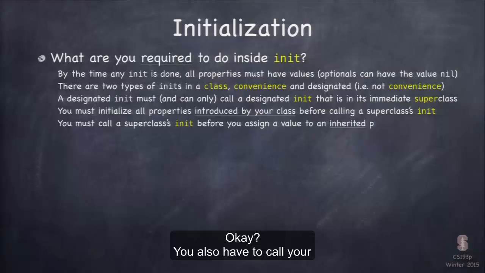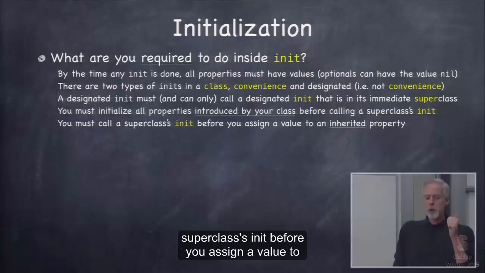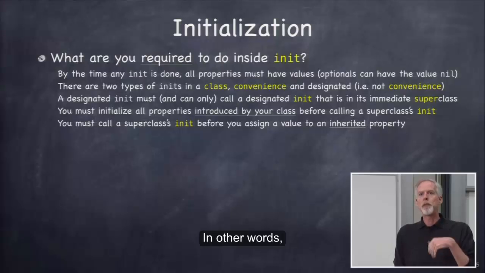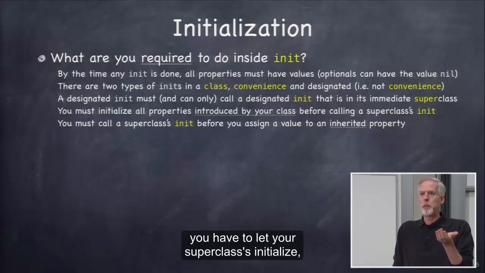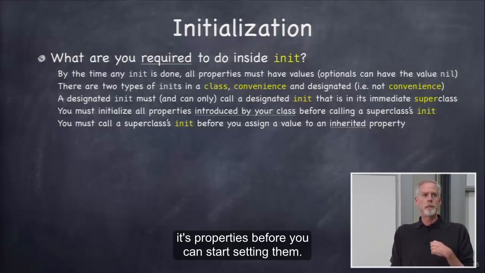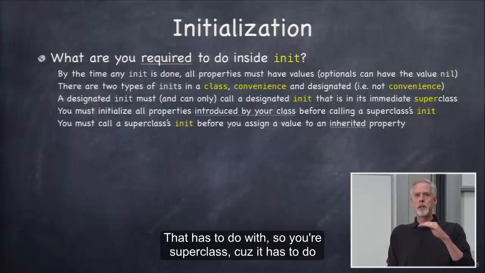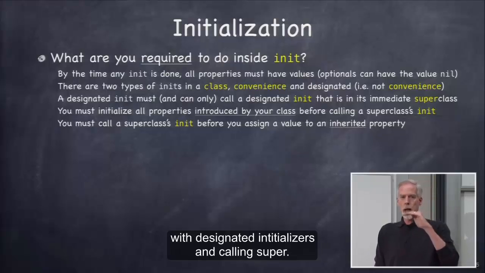You also have to call your superclass's init before you assign a value to any property you inherit from your superclass. In other words, you have to let your superclass initialize its properties before you can start setting them. So you get those three rules, which have to do with designated initializers and calling super.